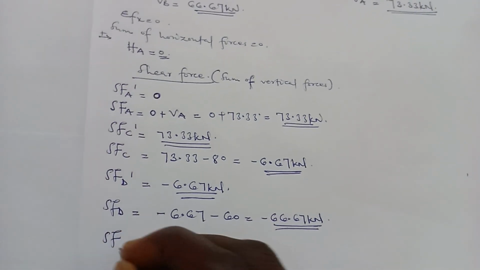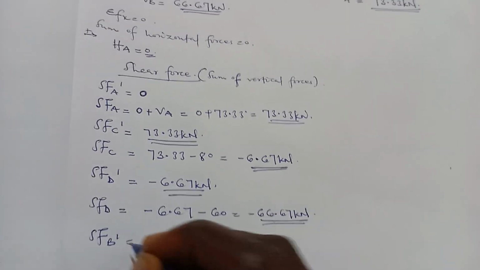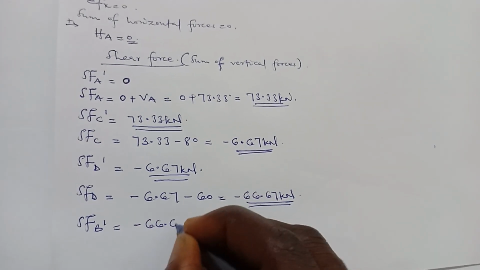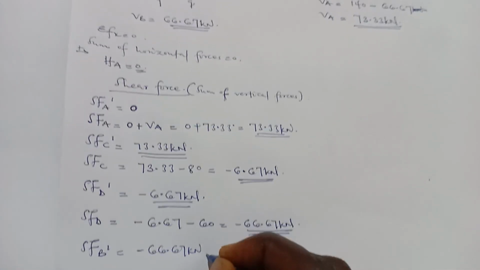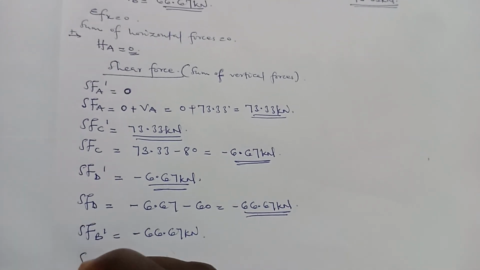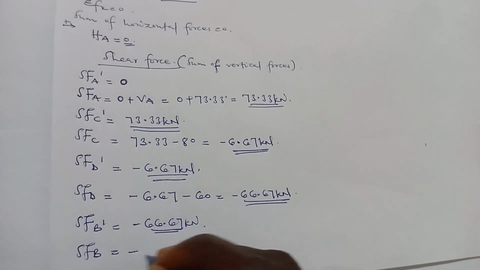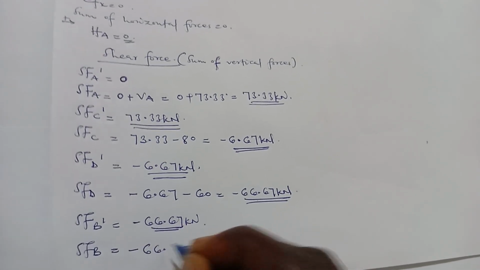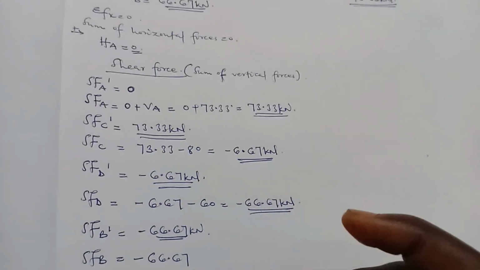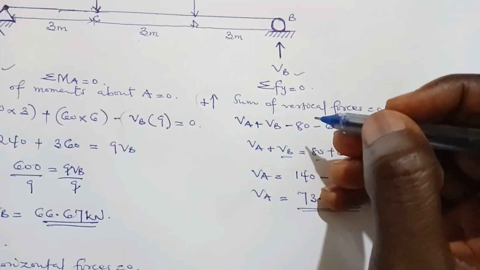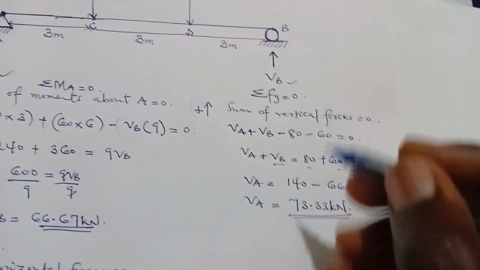And then you come to the shear force at B. Calculate two. Shear force at B prime will be equal to the previous one, which is negative 66.67 kilonewton. Then shear force at B will be equal to the previous one, negative 66.67, and we factor in the vertical force acting at point B. That is VB, and it's moving in the upward direction.